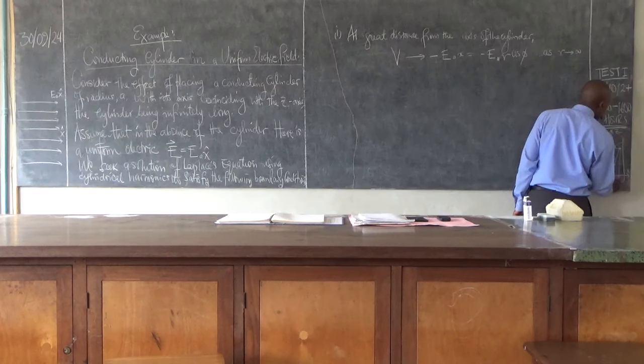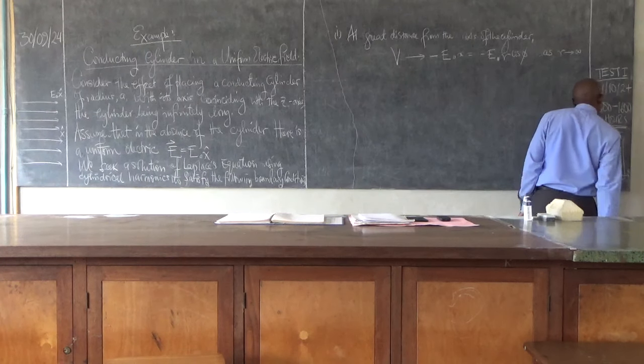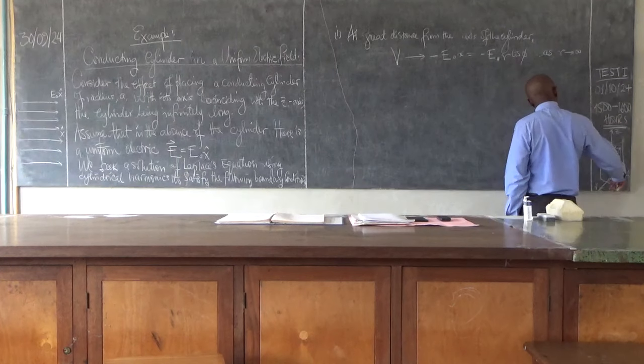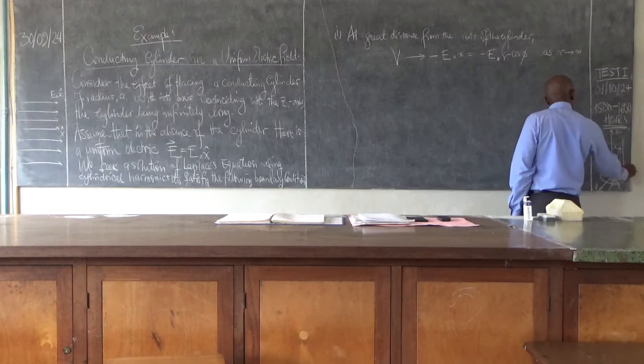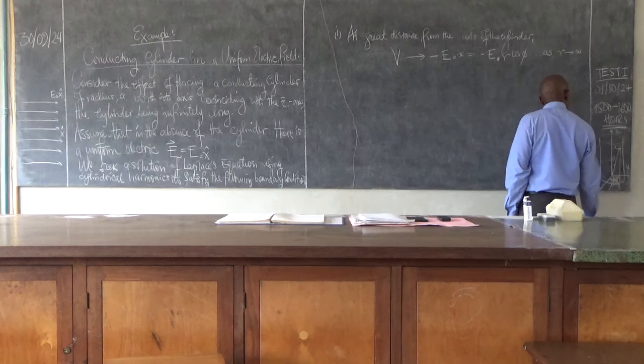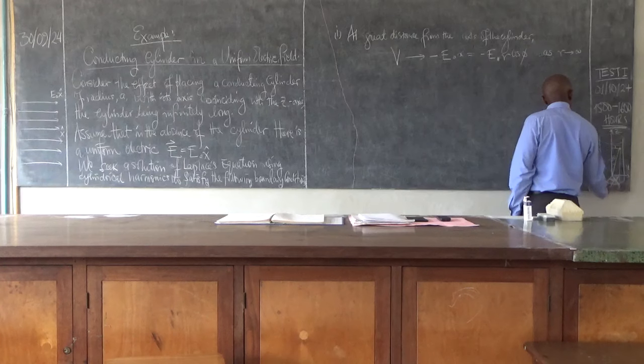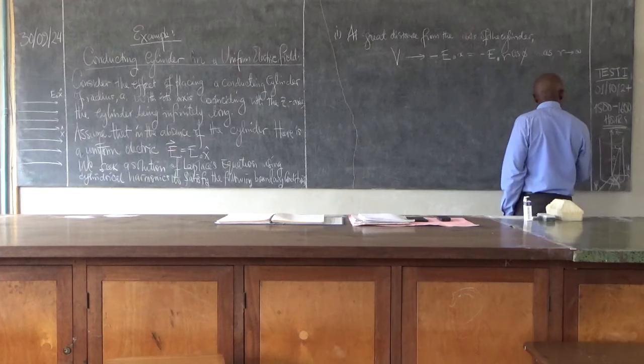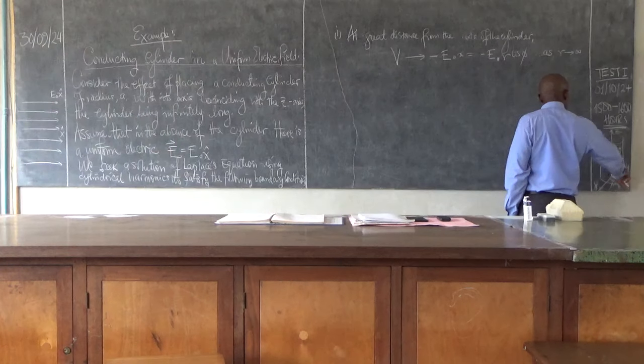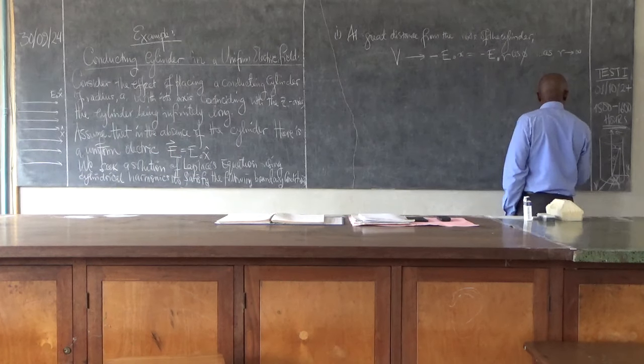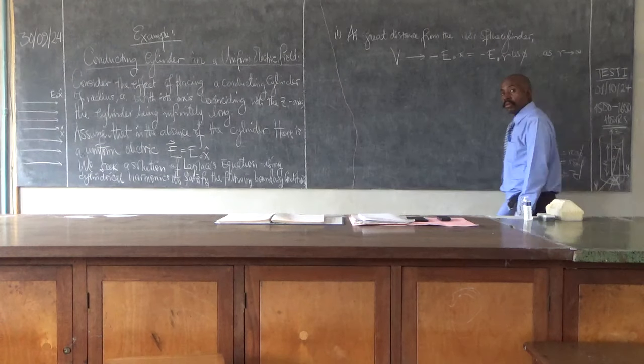So X is equal to R cos phi, and then the Y is equal to R sin phi. And then, of course, going upwards, the Z is equal to Z.